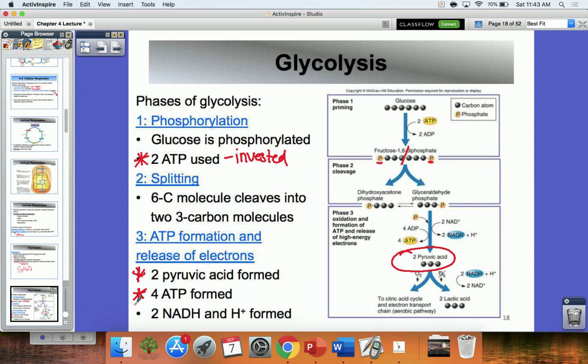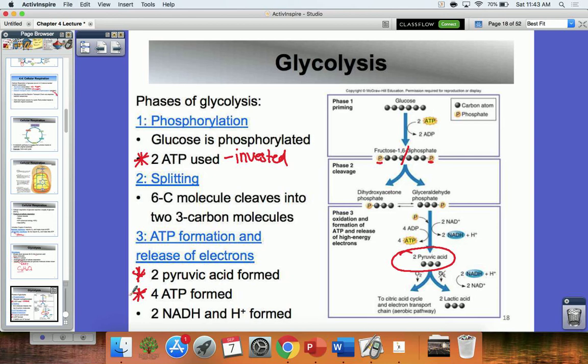The example again, if we invested $2,000 into a business and we receive $4,000 back, our profit or our net is now 2. Okay? So make sure you know the difference. If we have 2 invested and we get 4 out, then our net ATP for glycolysis is 2.